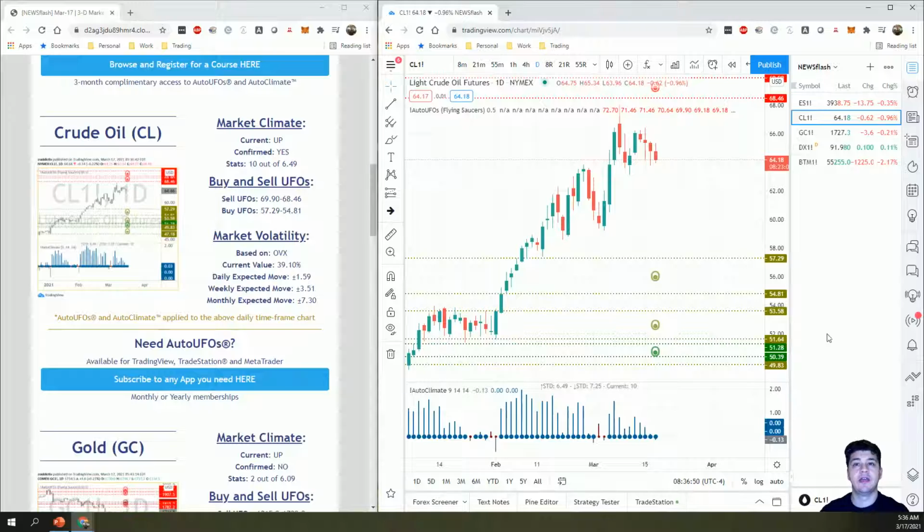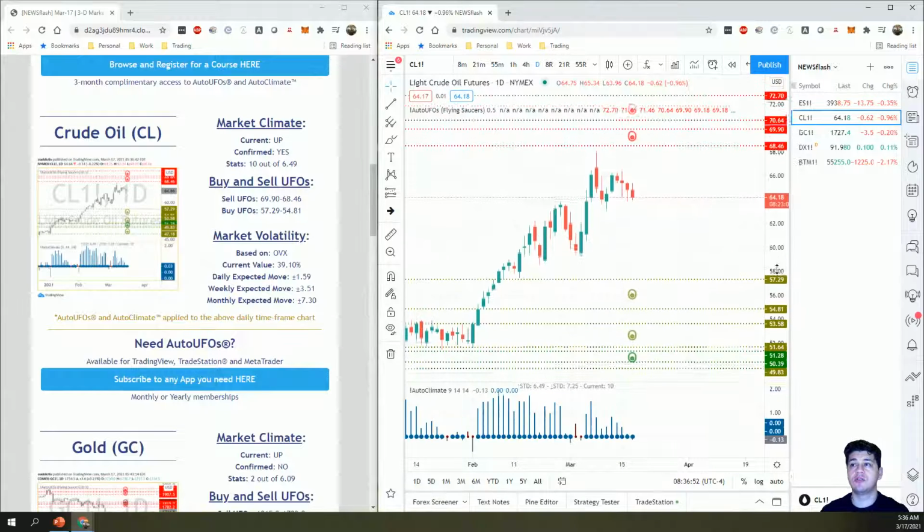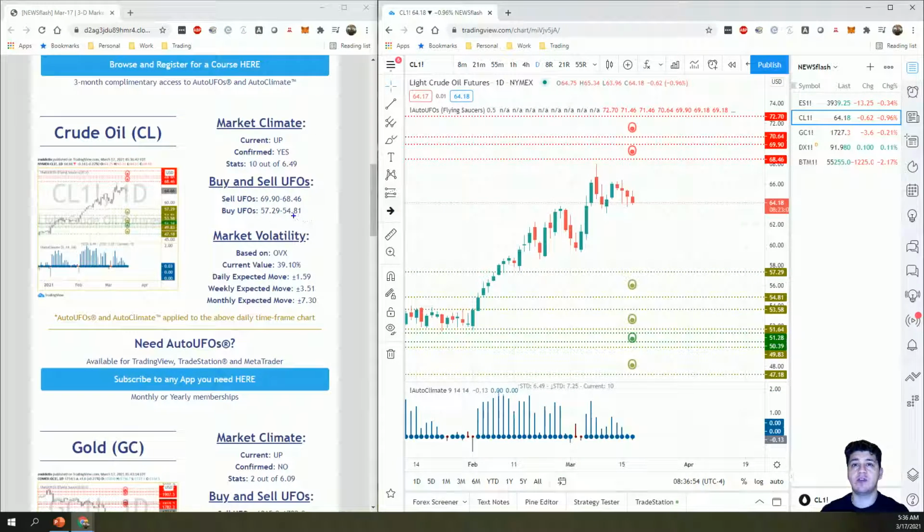Okay. Looking at the Auto UFOs, the nearest ones that we have are at 68.46 to 69.90 and 57.29 to 54.81. Now, if you're thinking to yourself, well, Bo, these are like $3 UFOs. I mean, yes, because these are on the daily time frame, they tend to be quite a bit bigger. Because again, this is a daily time frame.